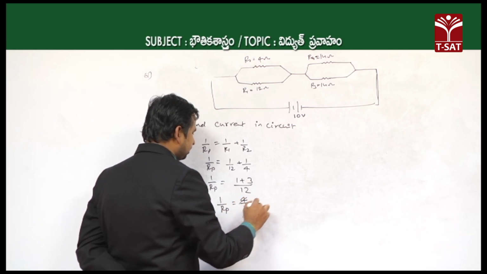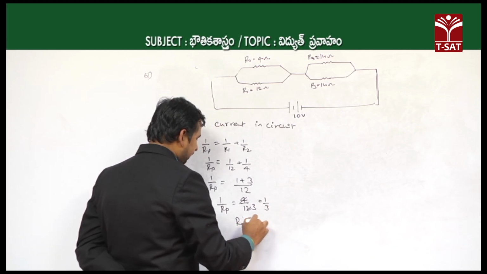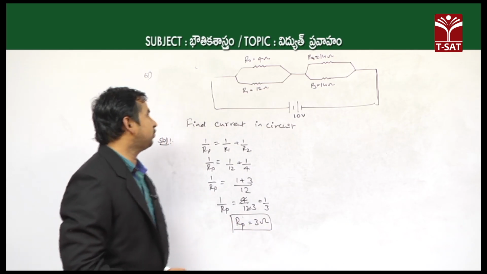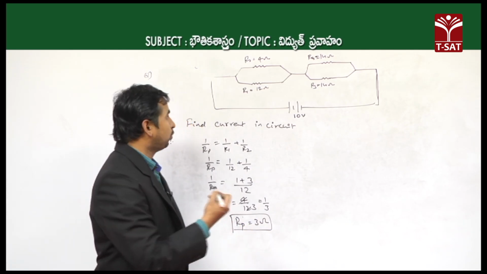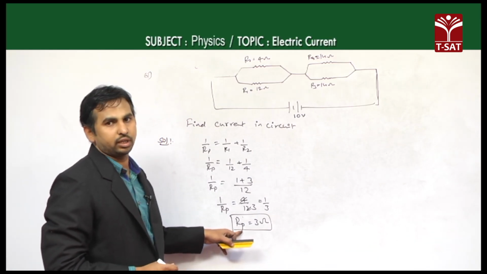Means 1 by Rp becomes 1 by 3, so Rp is 3 ohms. So when 4 ohms and 12 ohms are connected in parallel, the final resistance we get is 3 ohms.